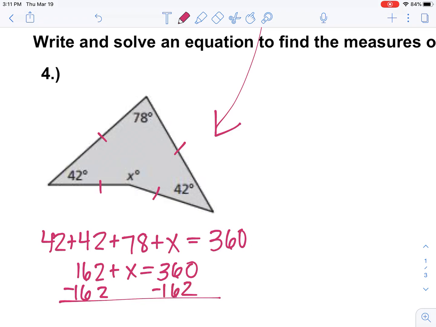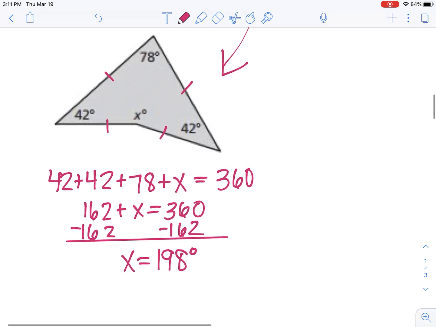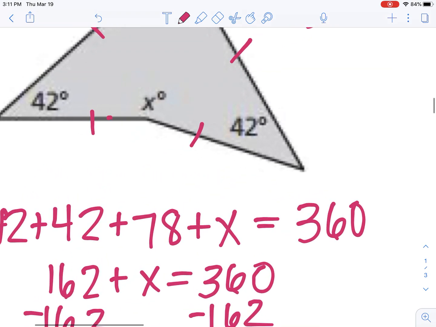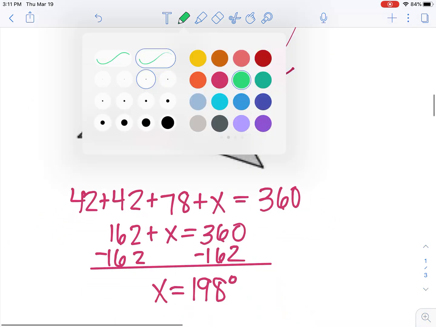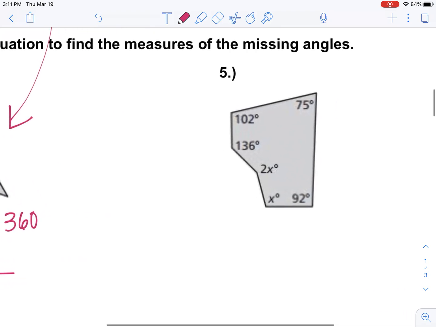And when I subtract 162 from both sides, we get 360 minus 162. So the degree of x is 198. Now that might look a little odd, an angle over 180 degrees. Obviously this would make a straight line here, and we can see that it goes beyond that straight line, which is why it is beyond a 180 degree angle.